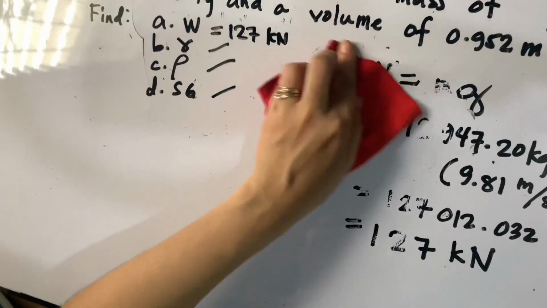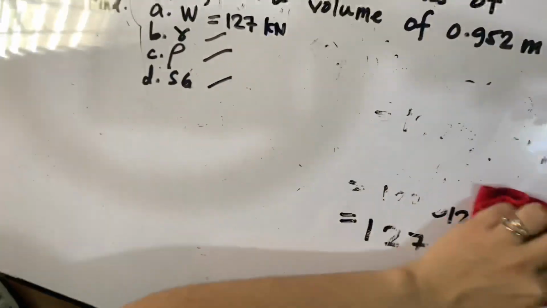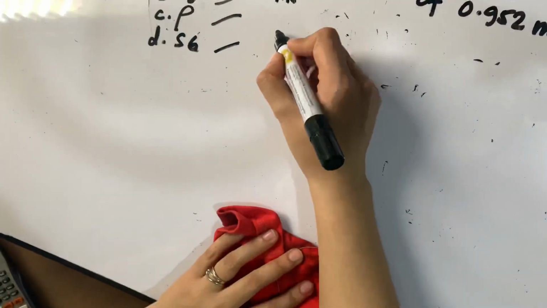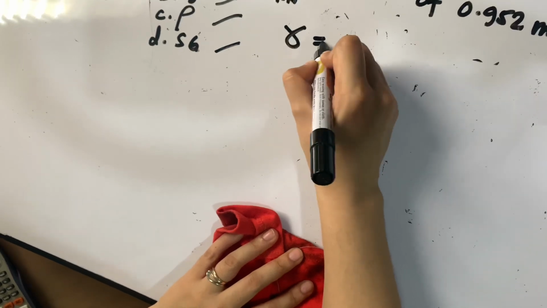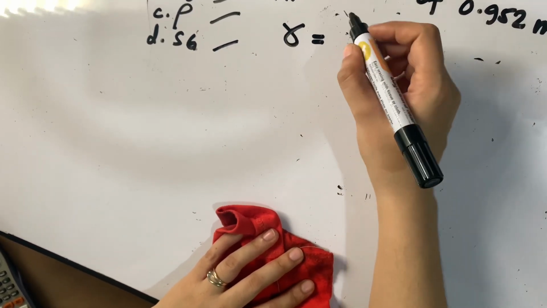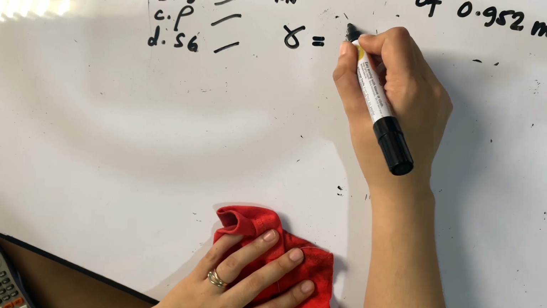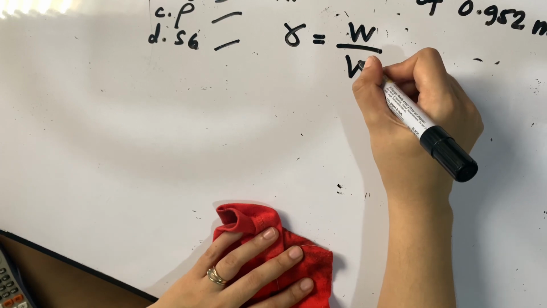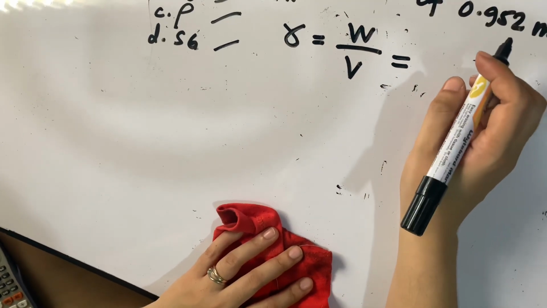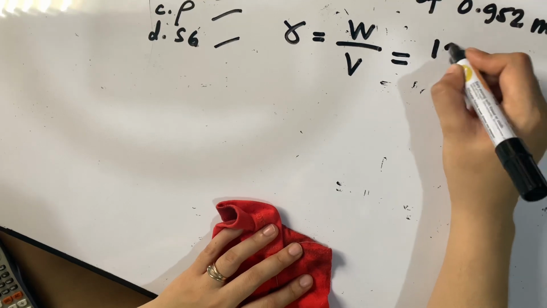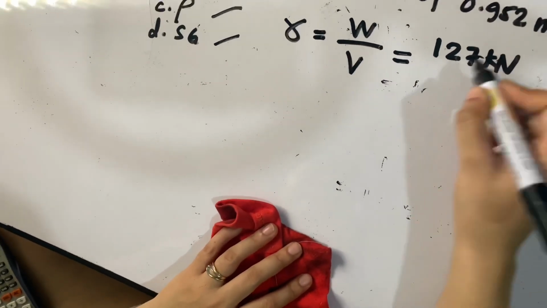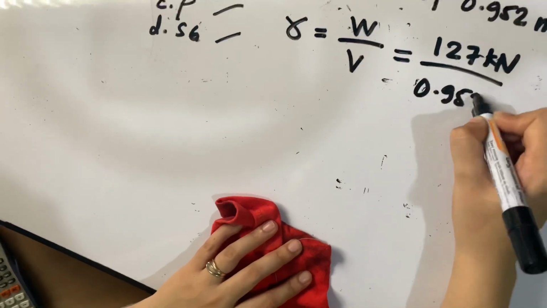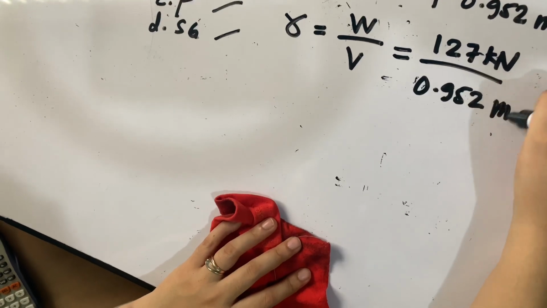Let's solve for the specific weight, or the unit weight. Specific weight is equal to the total weight over the total volume. So we have the 127 kilonewton as the weight and the volume is 0.952 cubic meter.